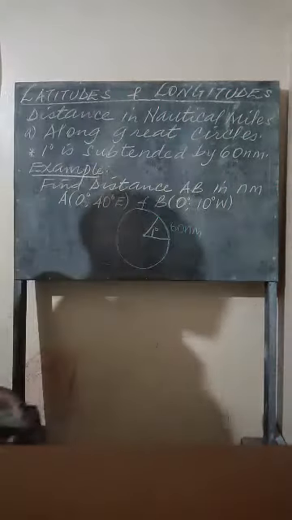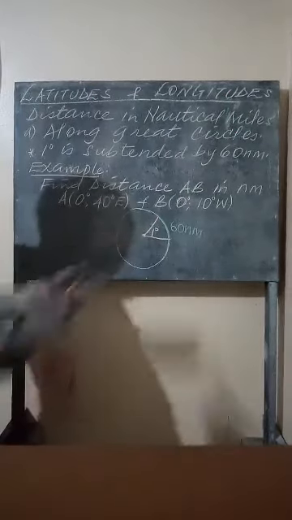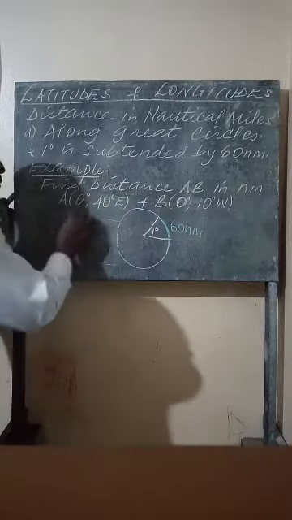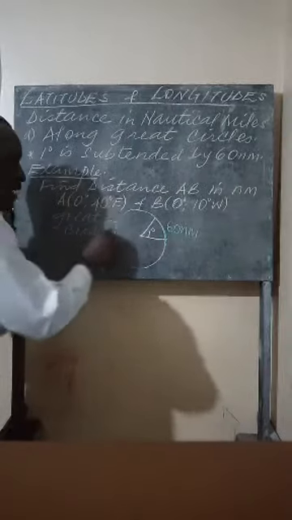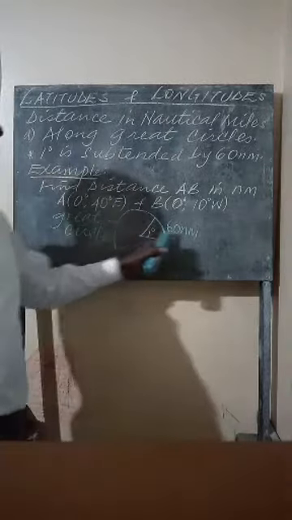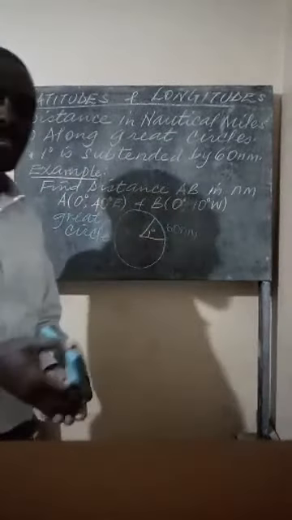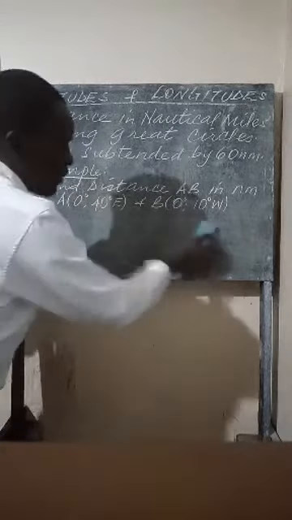So that is the definition that we need at this point, so that when you're talking about a great circle, you know that at its center, every degree is subtended by 60 nautical miles, where nautical miles is the distance.